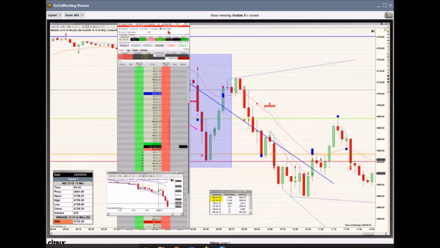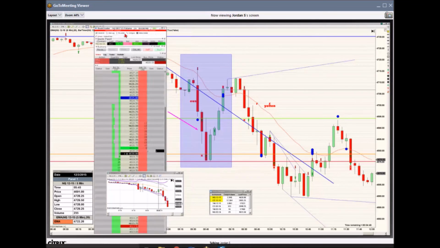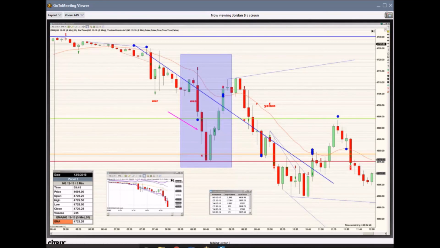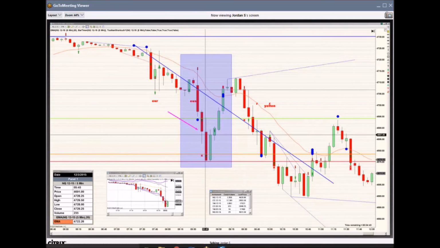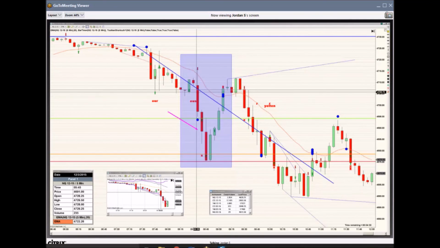I can just hit close and get out of that, and I made $105. But if it goes down and down and down, I'm going to be losing money, and eventually my stop is going to get hit, and then it's going to force it down even more. And imagine that's what's going on here. That's called a shakeout.